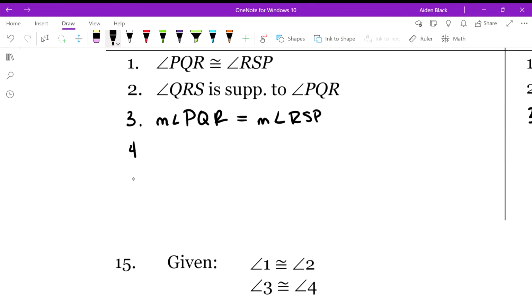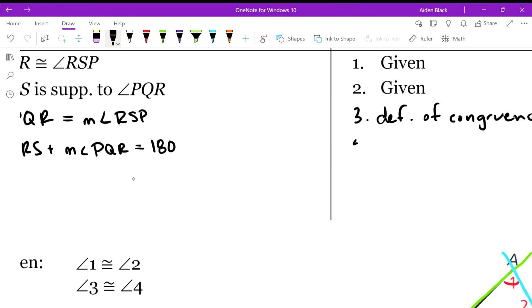I'm going to zoom in so it's better. And then by definition of supplementary, I can write the measure of angle QRS plus the measure of angle PQR equals 180. This is the definition of supplementary angles.